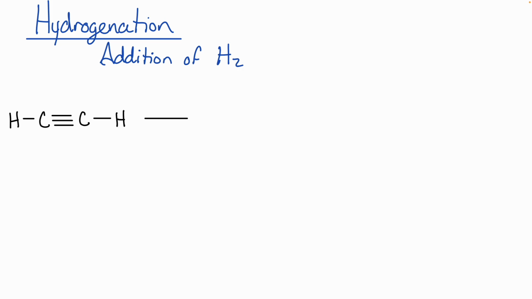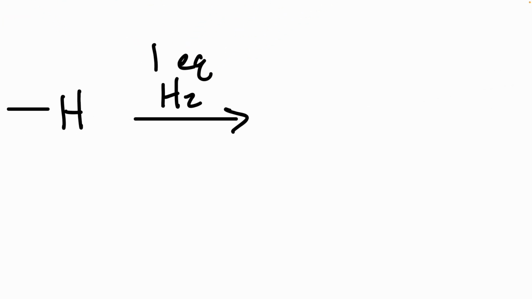We're going to first react it with just one equivalent of H2. And then we're going to take that product and react it with a second equivalent of H2. I guess I can be really thorough and draw out my Lewis structure for H2.